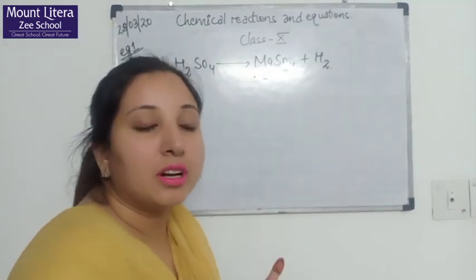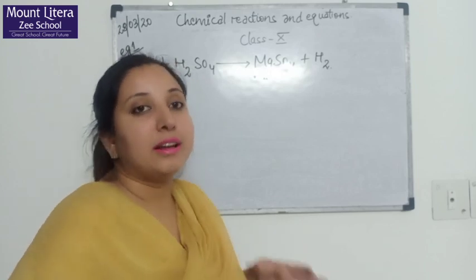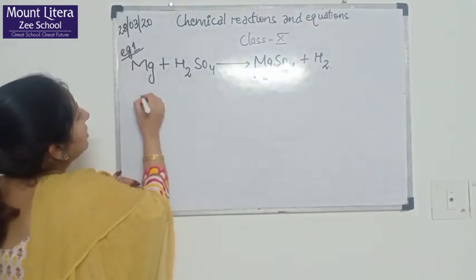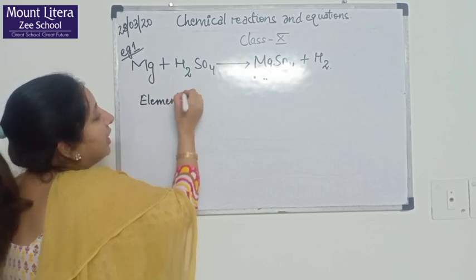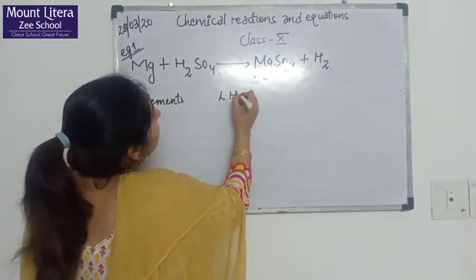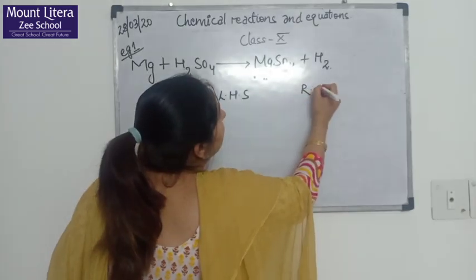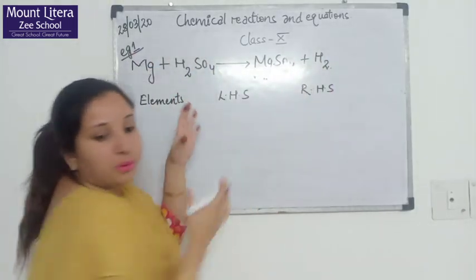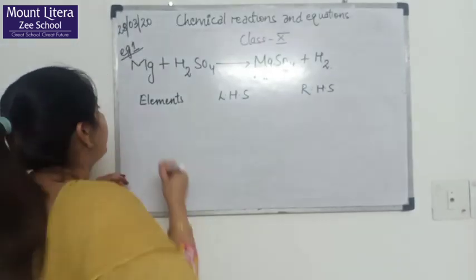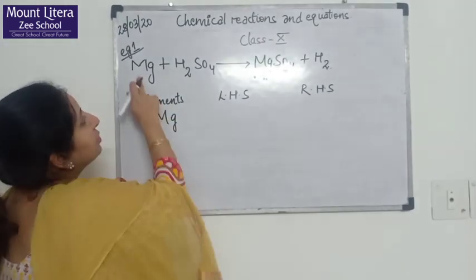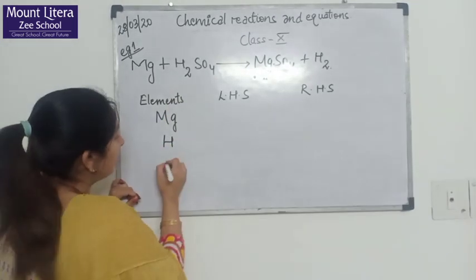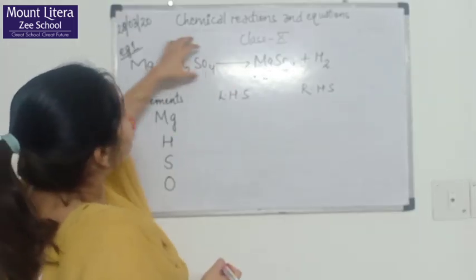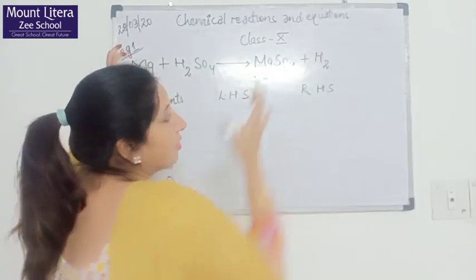Now, to check whether the given equation is balanced or not, in the initial stages we write down the elements, LHS and RHS, similar to what you do in mathematics. What elements are present in the complete equation? Magnesium, hydrogen, sulfur, and oxygen. This one is your LHS, this one is your RHS.